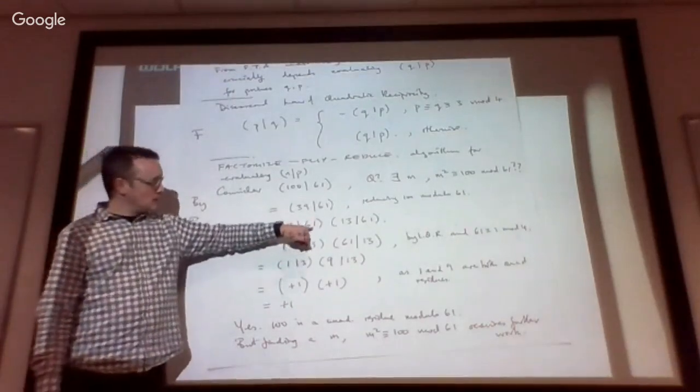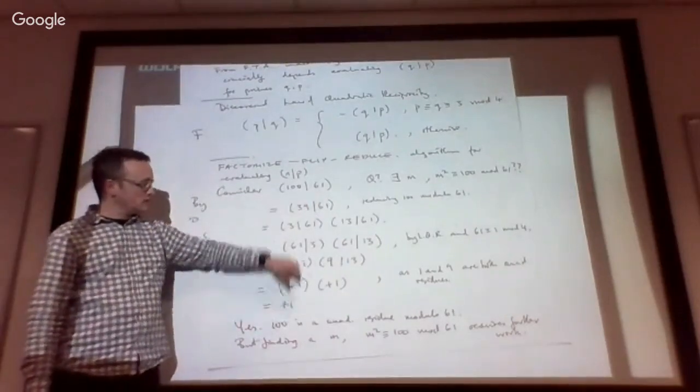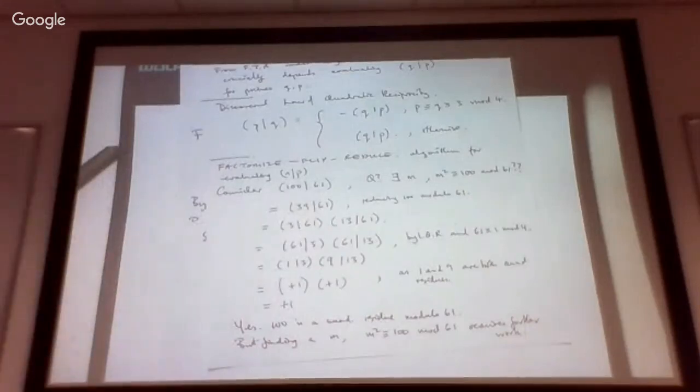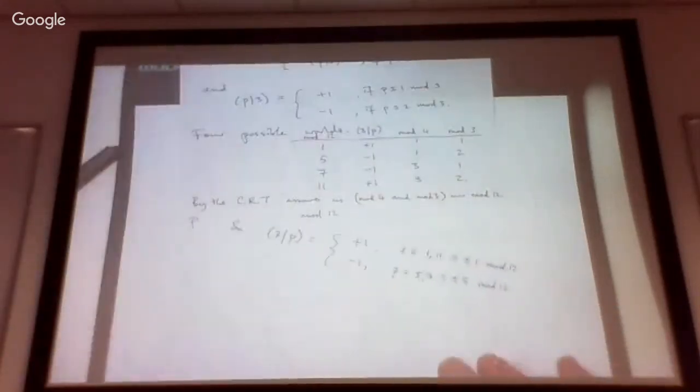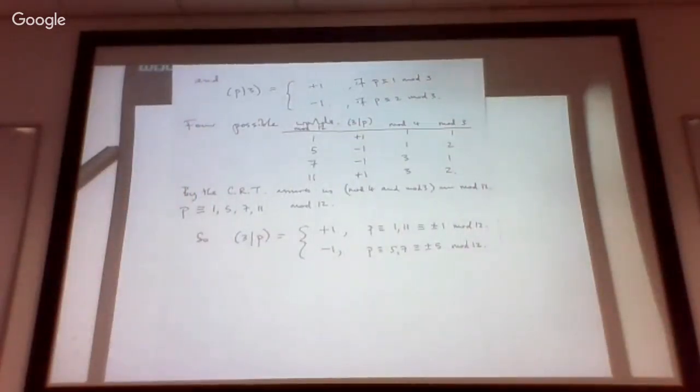So 3 mod 61 would have been +1, which we found out that it was, but we could have told that at that stage using our results about the status of 3. So that's another good application of quadratic reciprocity, and it has loads of applications as well.